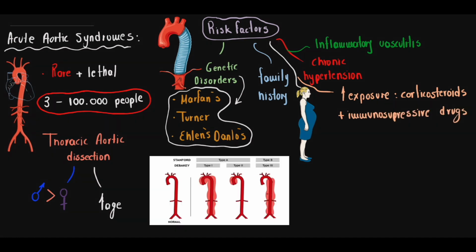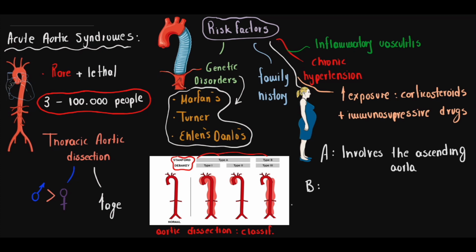You can see when it comes to the classification of an aortic dissection, there are two types of classification, the Stanford and the DeBakey type. Now, Stanford classifies aortic dissection into type A and type B. As we know, type A of Stanford involves the ascending aorta, and type B aortic dissections do not involve the ascending aorta.